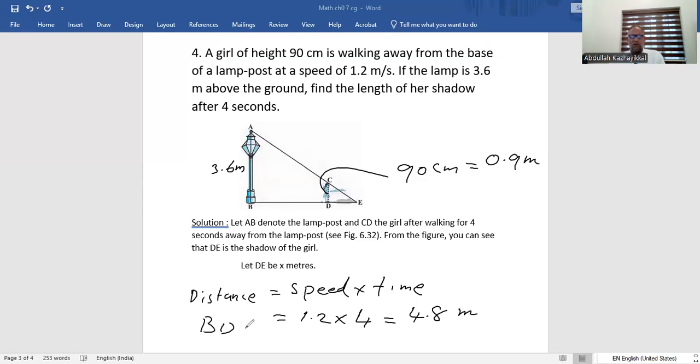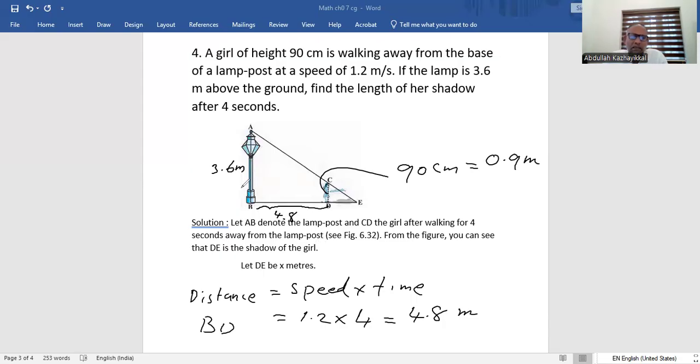BD distance is equal to 4.8 meter. Correct? Now we got this BD, 4.8 meter. Our confusion is over, our trap is over now.